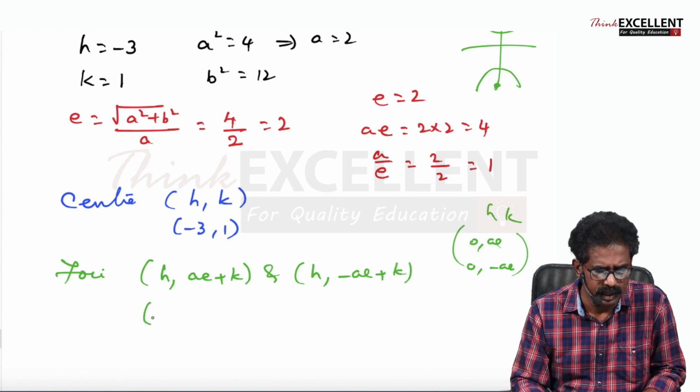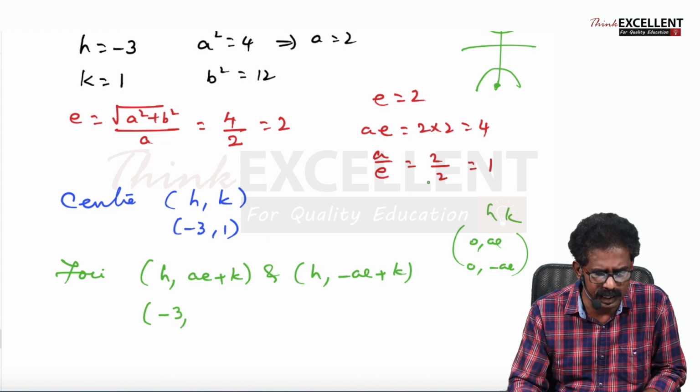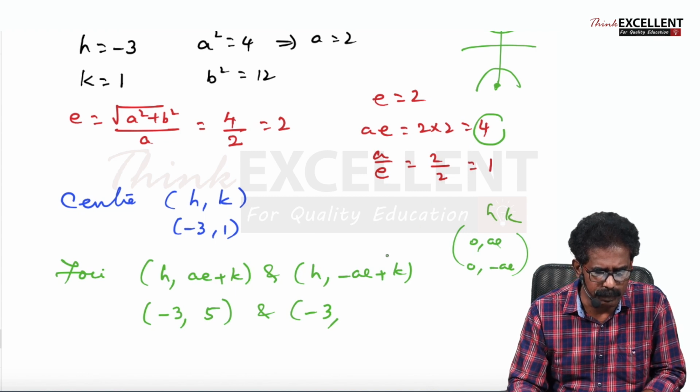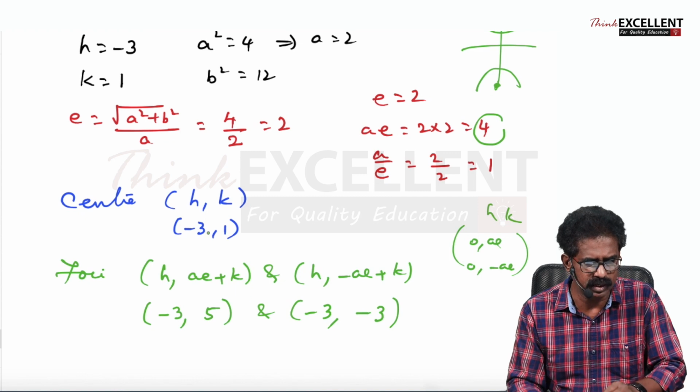Substitute h value minus 3, and ae plus k: ae value 4 plus k value 1, so 4 plus 1 is 5. And again minus 3, minus ae: minus 4 plus 1 is minus 3. So this is the foci.